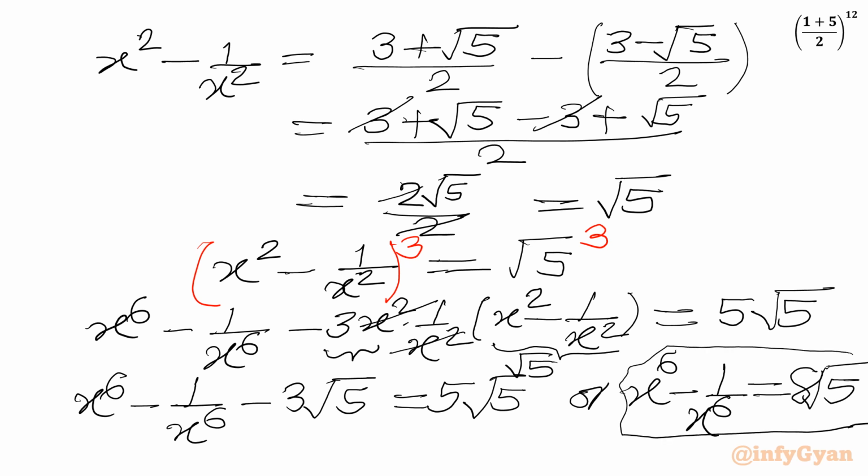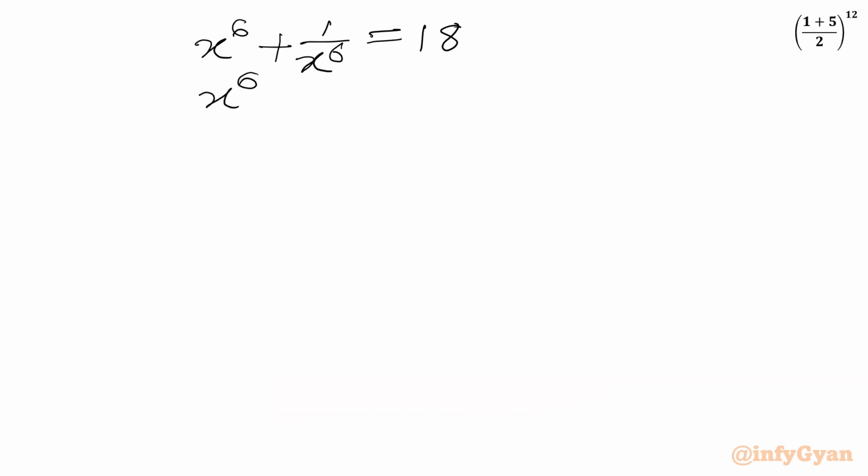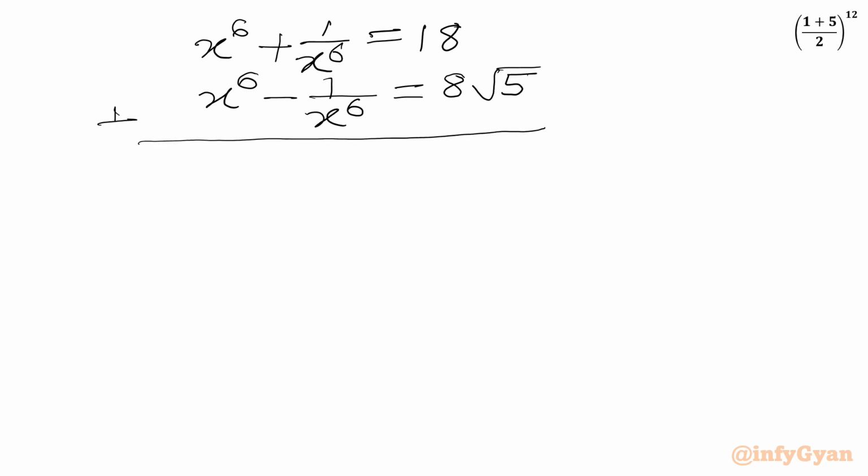Now this equation I will call equation 2. Let me write here: x power 6 plus 1 over x power 6, this was equation 1, equal to 18. x power 6 minus 1 over x power 6, this was equation number 2, 8 root 5. Now we will add both the equations.